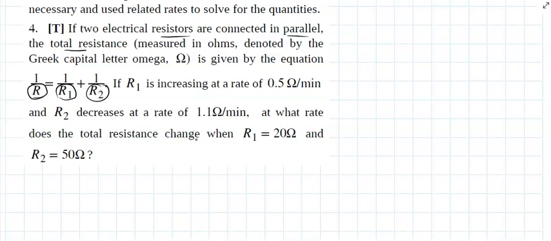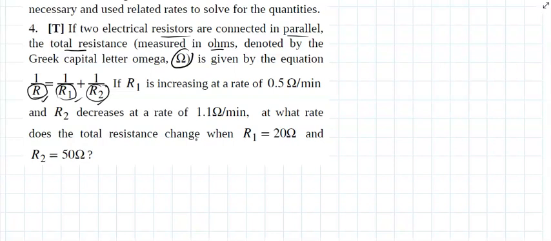The total resistance, in ohms, denoted by the Greek letter omega, is given by this equation. So they gave you the total resistance of those two resistors connected in parallel, and it looks like that.